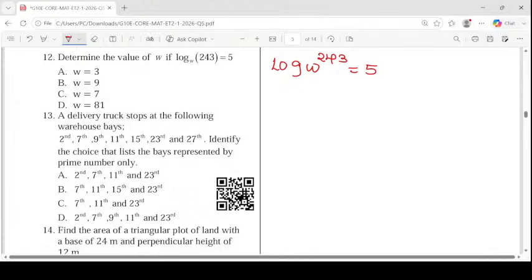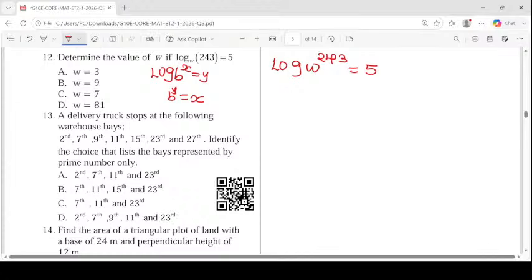I think when you look at the positioning well, I want maybe to give you something. You should know that log B power X being equivalent to Y can be written as B power Y being equivalent to X.